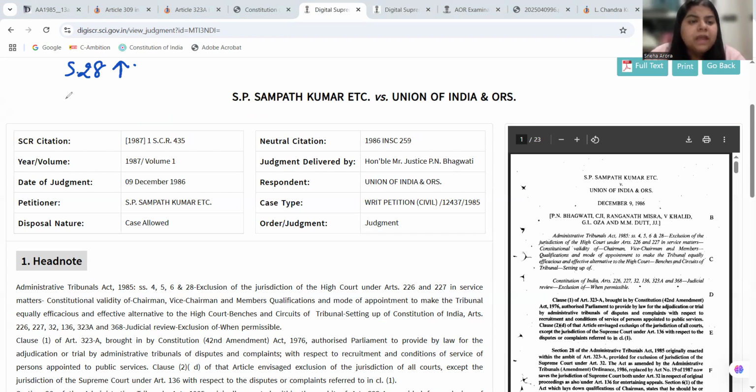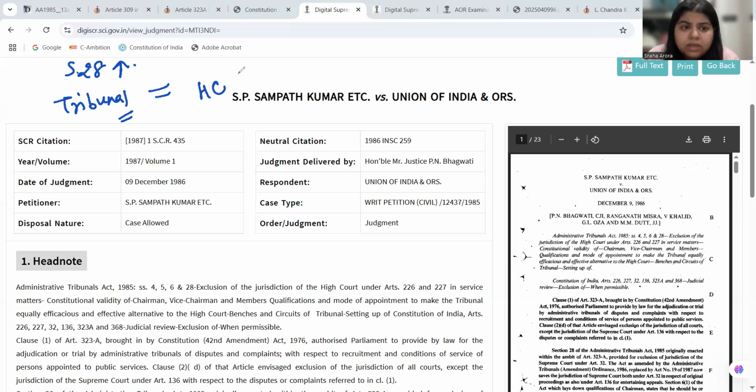So we can say that the administrative tribunal is exercising as a substitute of the High Court, because the judiciary is burdened with a lot of matters. The whole purpose of creating tribunals was to lower the burden of the judiciary, and the qualifications of tribunal chairpersons and judicial members and High Court judges are more or less the same.